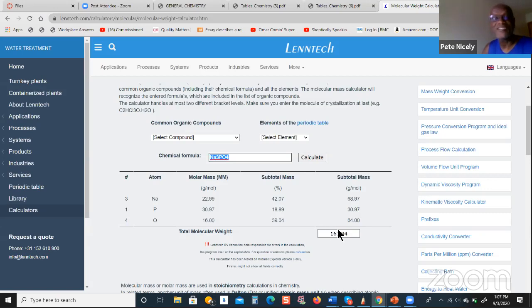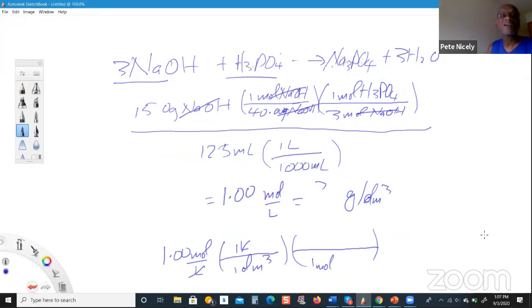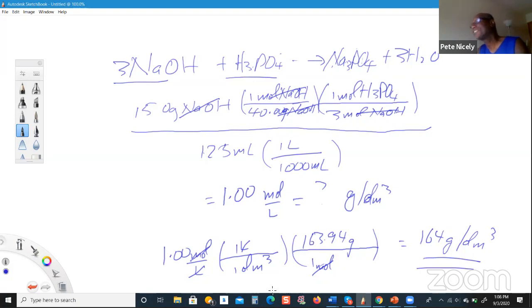I think I did this already. So that goes up here. So you're going to have 163.94 grams, and that will be equal to, when you round to 3 sig figs, 164 grams per dm cube, because the mole unit is going to cancel out here and here. All right, so that would be the answer for the C part.